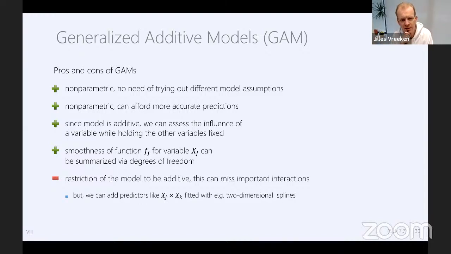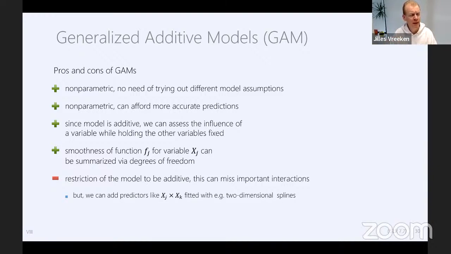Now, that is at the same time also a downside, because recall from earlier lectures, sometimes you want to fit interactions between features, between x1 and x2. Can a GAM do that? Well, only if you really consider the basis function x1 times x2, or you fit explicitly a function over x1 and x2, so that it can figure out itself if there's an interaction.